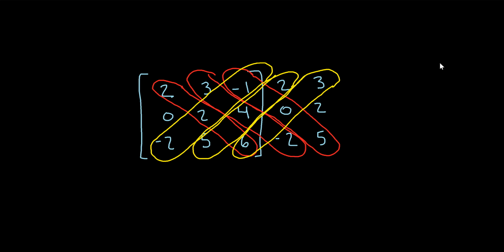So if we do that, here's what we get. 2 times 2 times 6, that's 24. So we'll say 24 plus 3 times 4 times -2. 3 times 4 is 12, times -2 is a -24. And then we have -1 times 0 times 5, so anything times 0 is just 0, so we get plus 0.